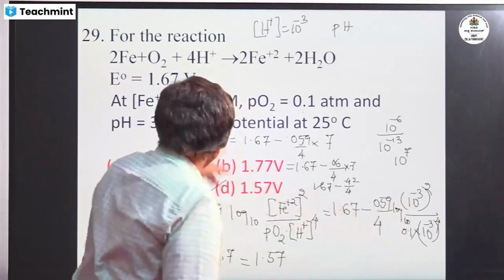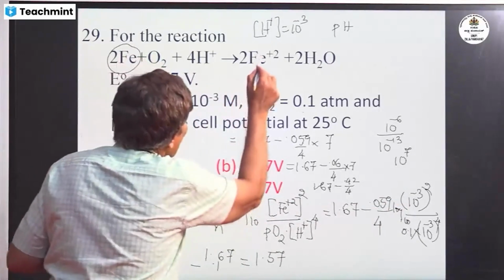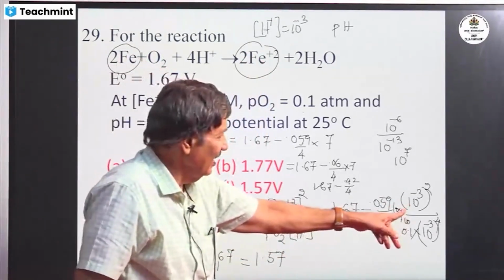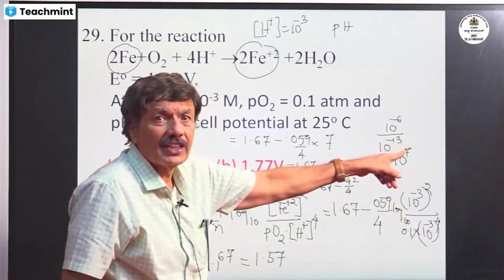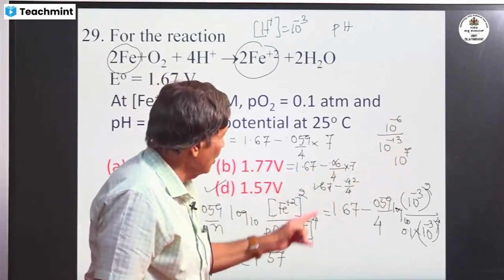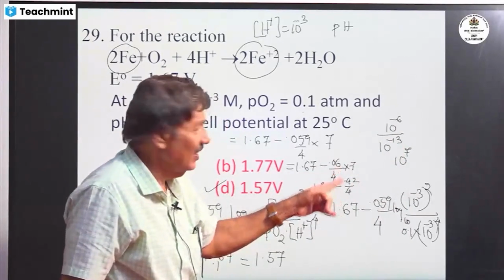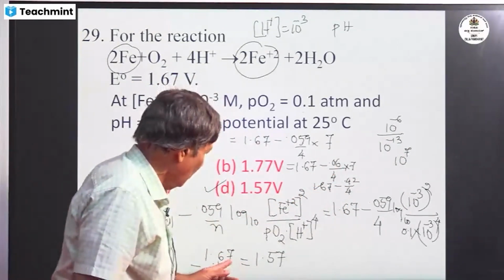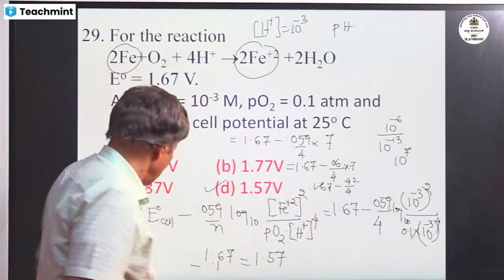N value is 4 because you have to concentrate on 2Fe going to 2Fe2+, difference is 4. Then if I simplify, it will be log 10 to the power 7. Log 10 to the power 7 is 7. So 7 into this, I took it as 0.06 instead of 0.059. So 0.42 by 4 is 0.1, 1.67 minus 0.1 is 1.57. This is the right answer.